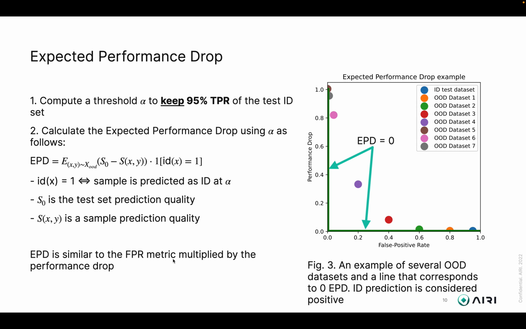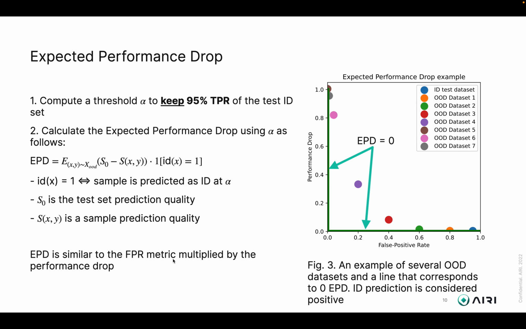Using this threshold, we compute the expected performance on the out-of-distribution data, as written in the equation. S0 is the average ID quality. S of x and y is the prediction quality on a given sample. For example, it can be the Dice score.